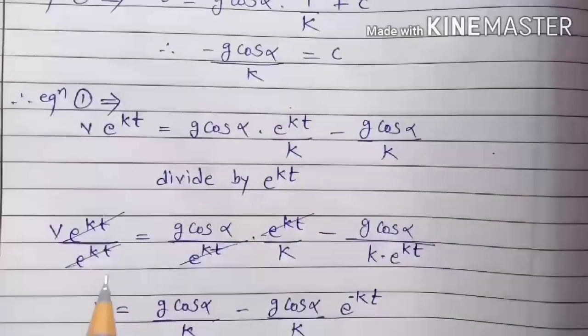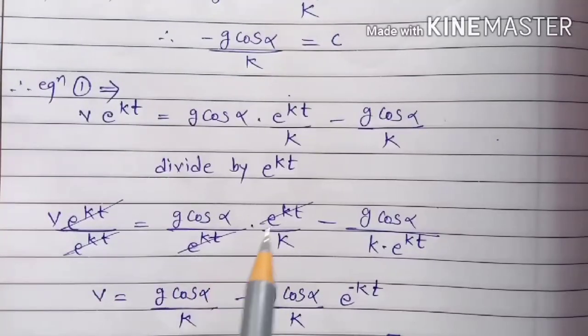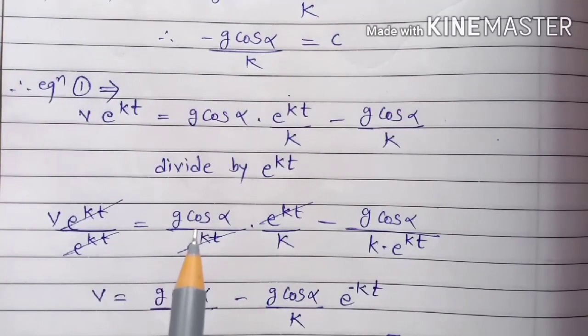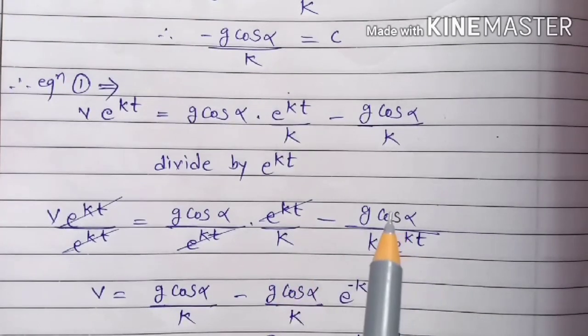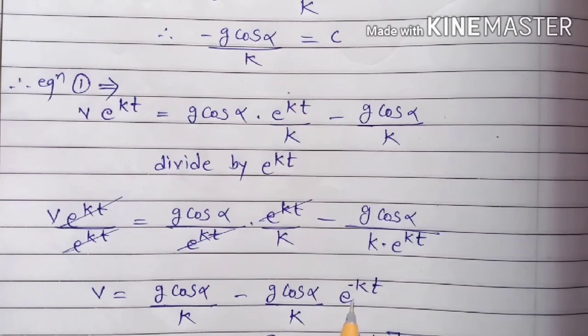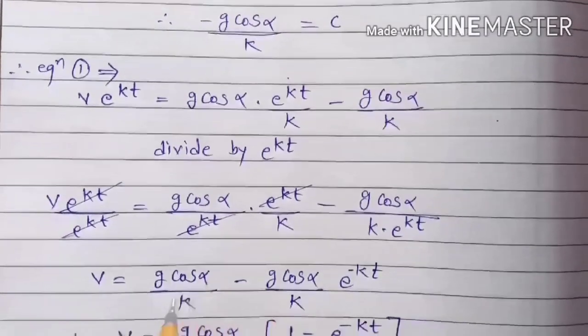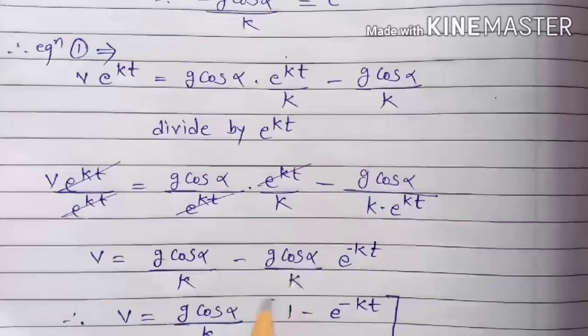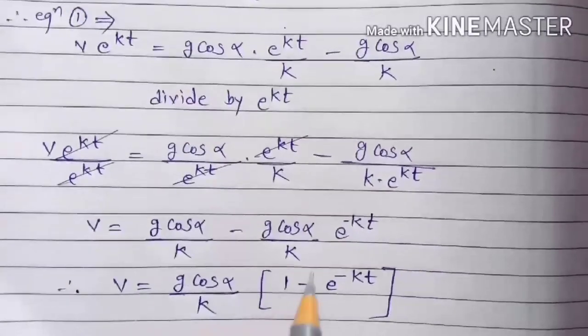Here e raised to kt cancels, here also it cancels. So v equal to g cos alpha upon k minus g cos alpha upon k, and if we shift this e raised to kt into the numerator, it becomes e raised to minus kt. Now g cos alpha upon k is common, and the remaining in the bracket is 1 minus e raised to minus kt. This is the final expression for v.